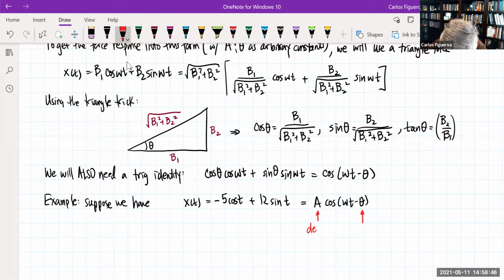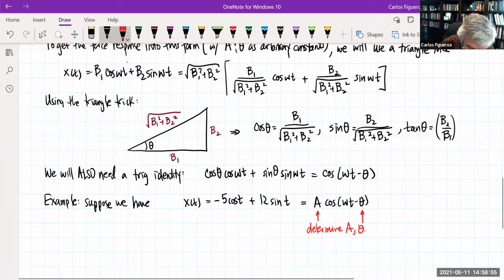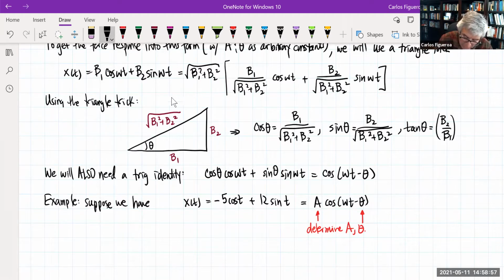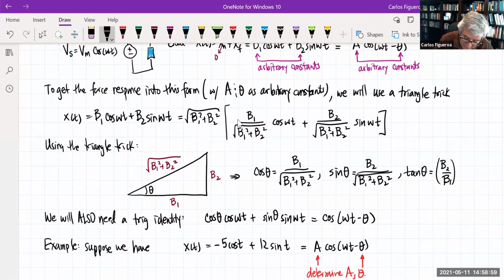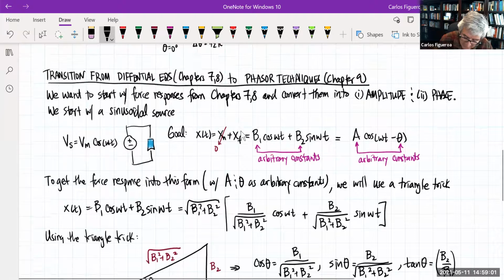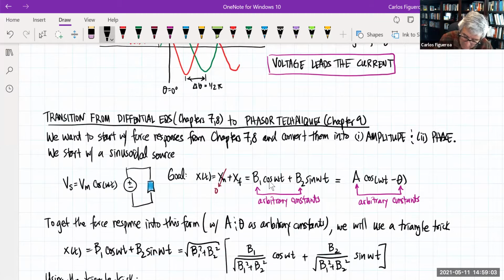So our job here is to determine A and theta. Okay, so let's go do that. If I have a function that reads B1 cosine omega t plus B2 sine omega t, how do I get my A? How do I get my theta?